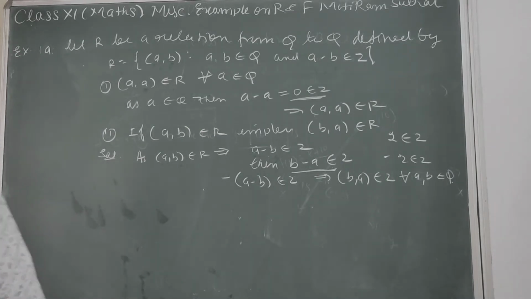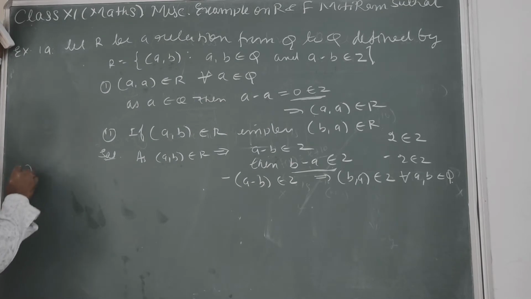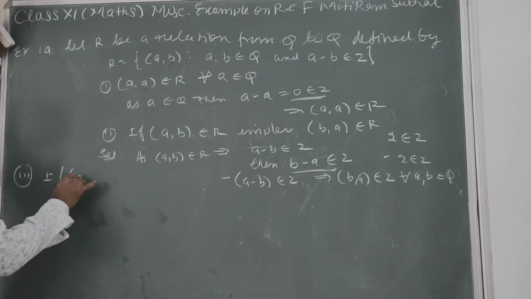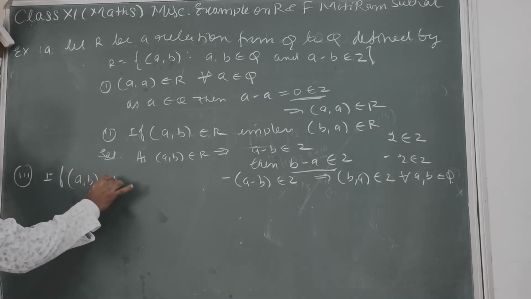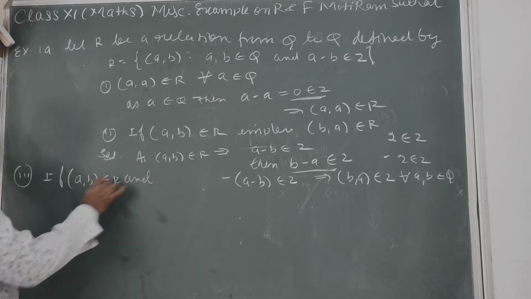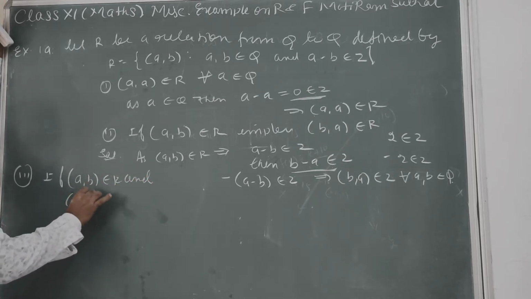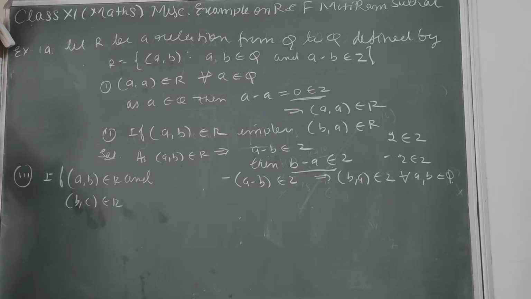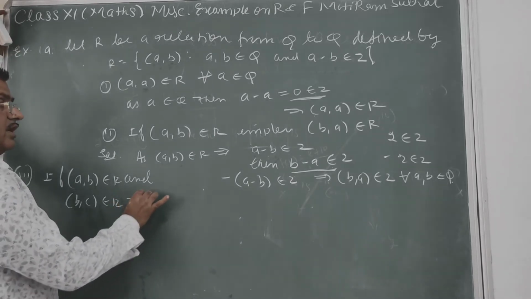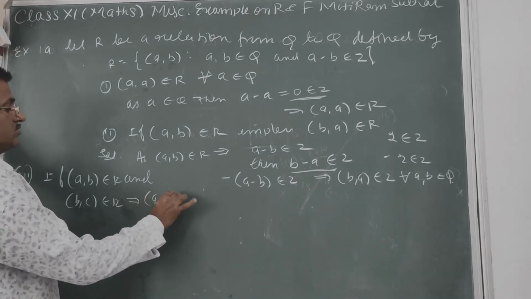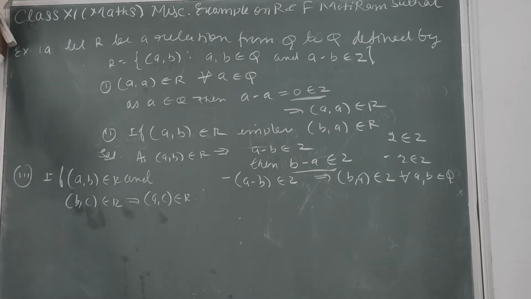Now the third and more important part is given. It says if A comma B belongs to R and B comma C belongs to R, then we have to show that this implies that A comma C also belongs to R. That is the important result.